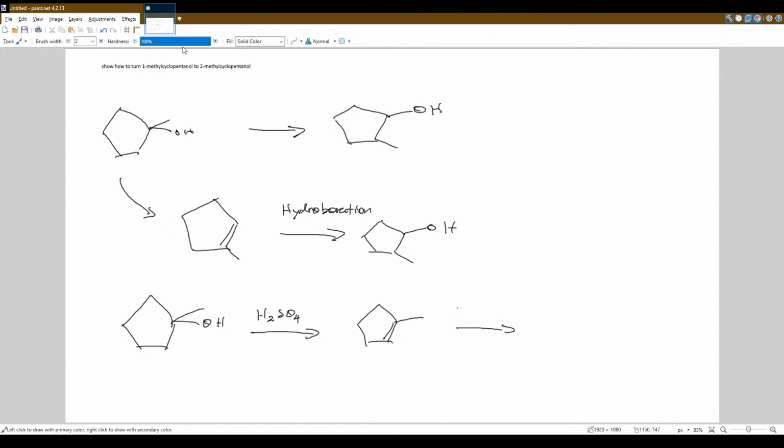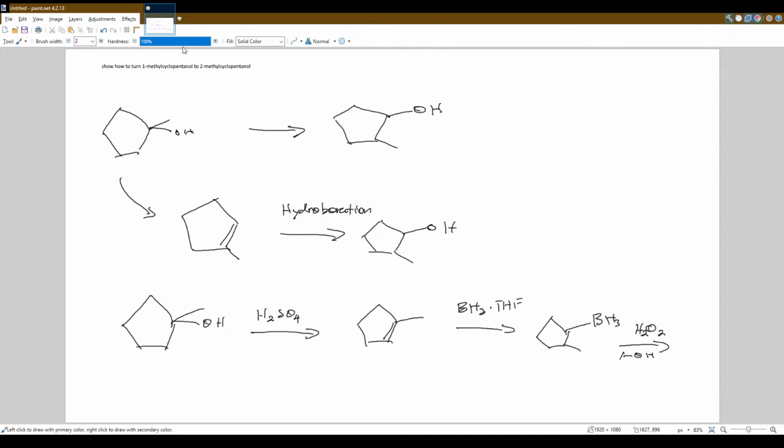And then we can use BH3 THF to turn it into this, with the BH3 right there, and then we can douse it in peroxides, H2O2, and hydroxide.